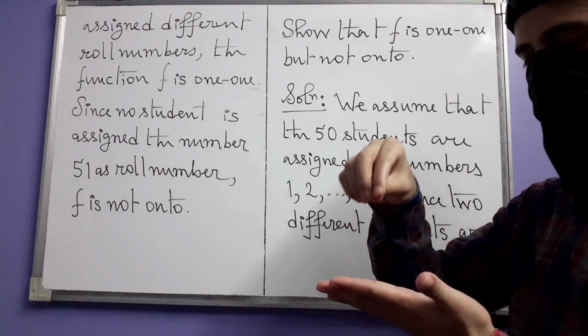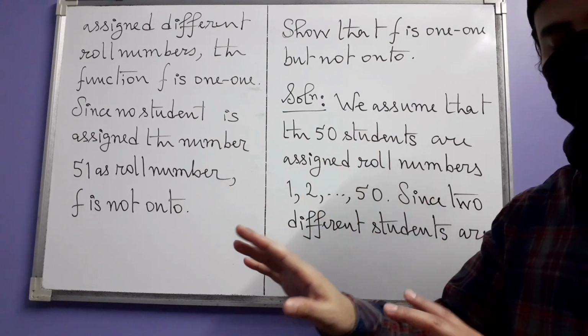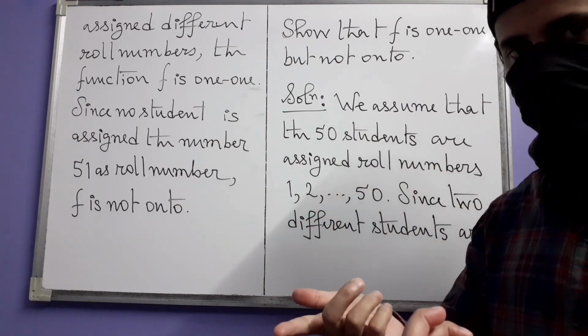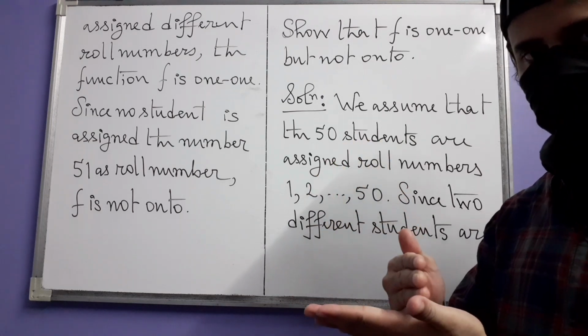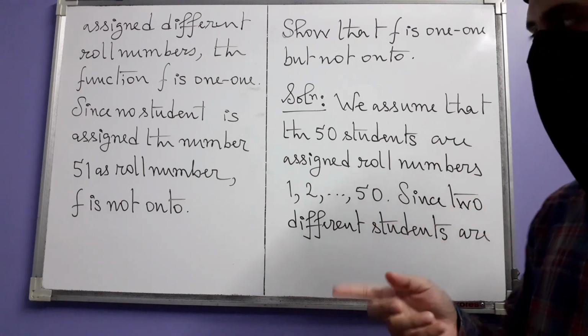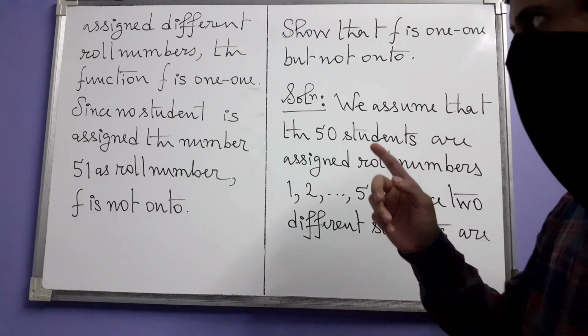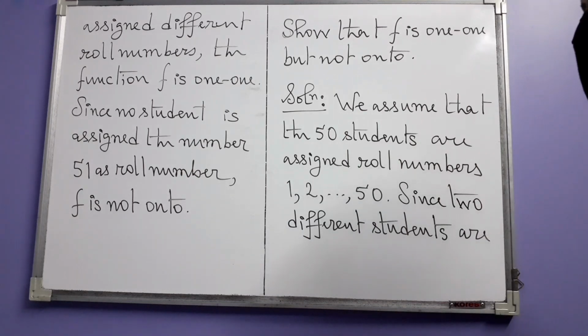So if x1 and x2 are two different students, then they are getting different roll numbers. So if x1 is not equal to x2, then f of x1 is also not equal to f of x2, because these f values are roll numbers. That is why, by the definition of one-to-one-ness, f is one-to-one.